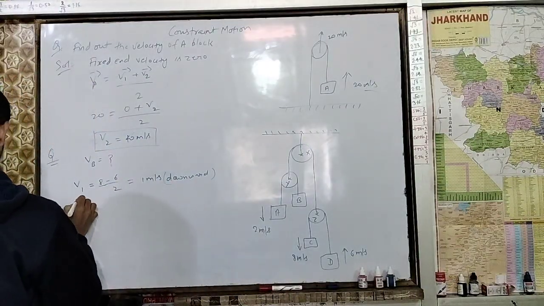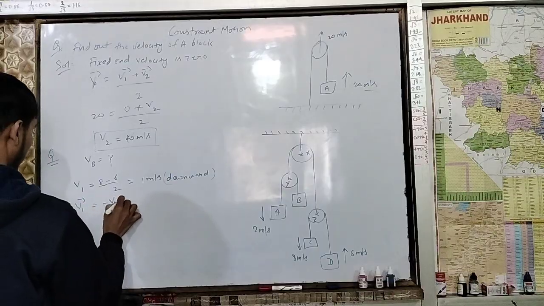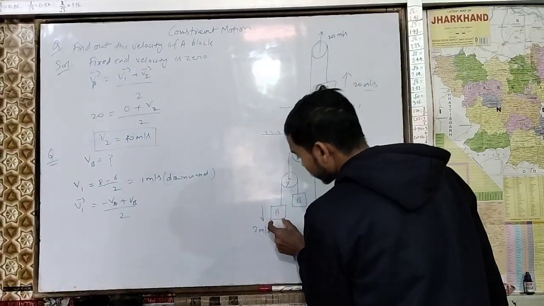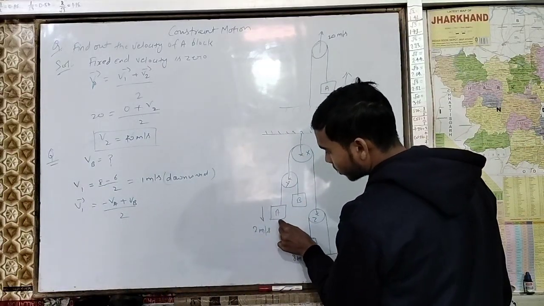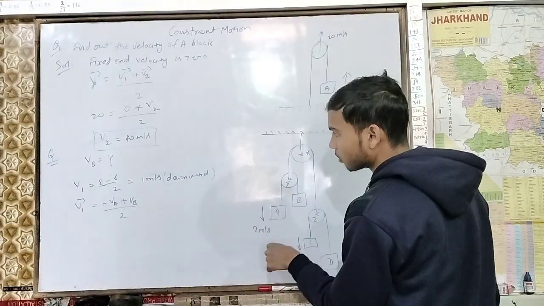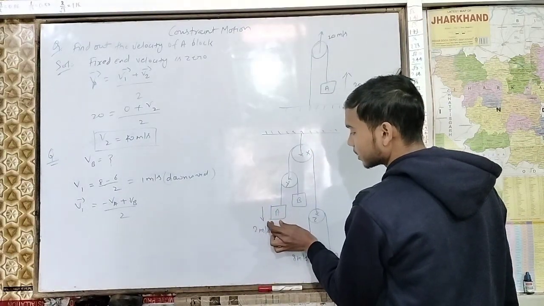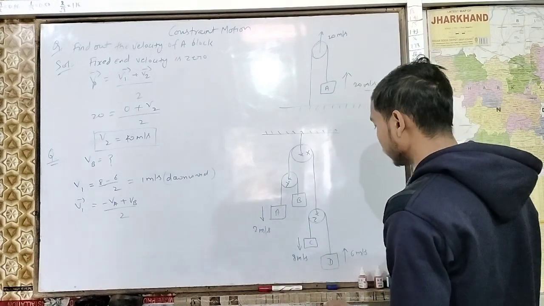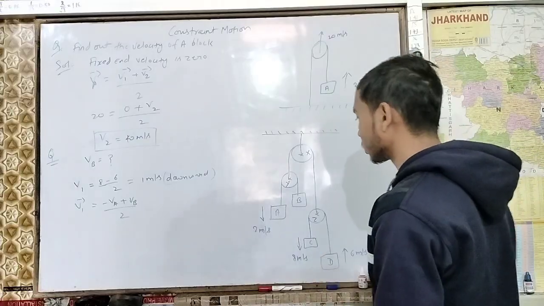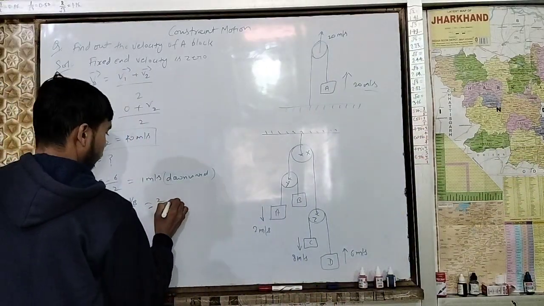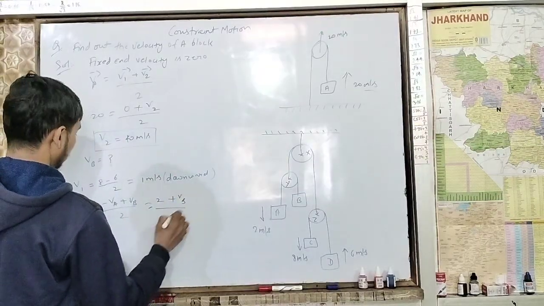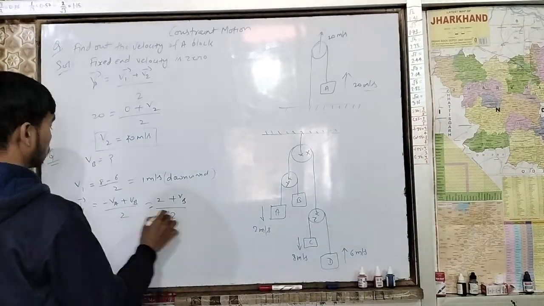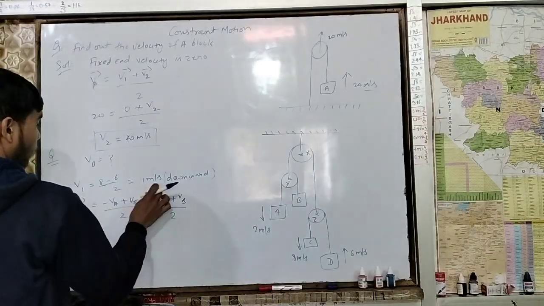Same over here. V1 equals minus VA plus VB upon 2. Here we are taking block A as minus, which is moving downward. If you take this direction as negative, then upward will be positive. Clear? So minus 2 plus VB upon 2. V1 is 1 meter per second.